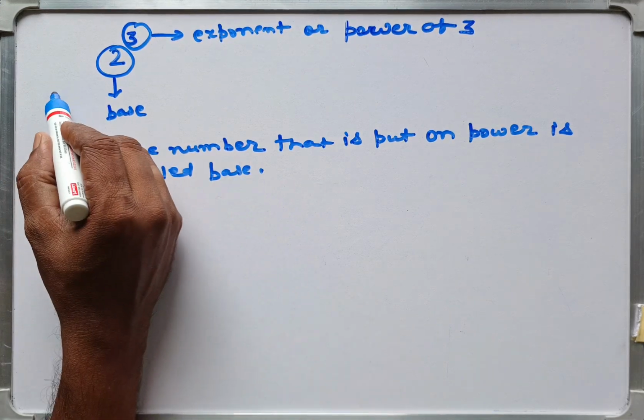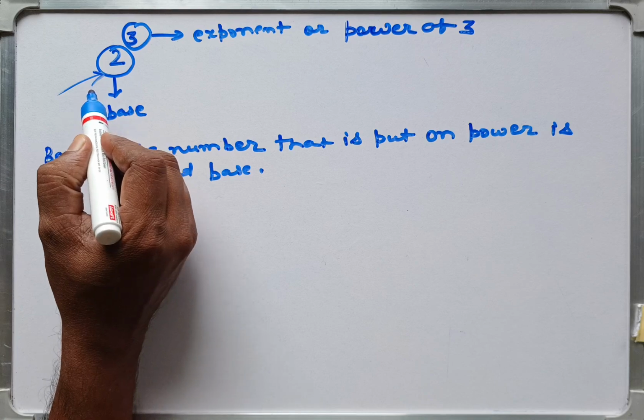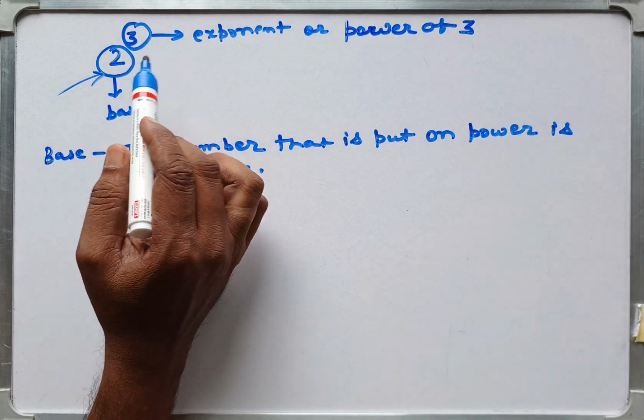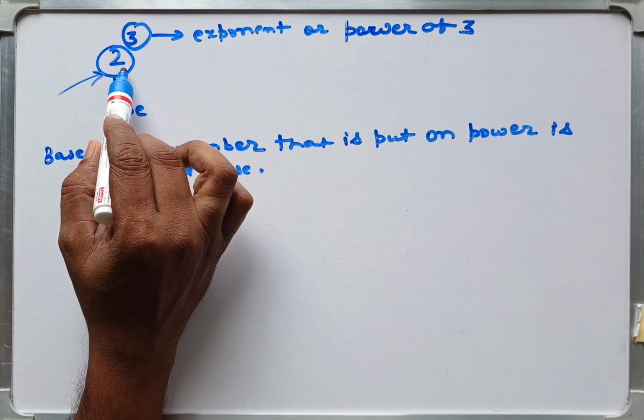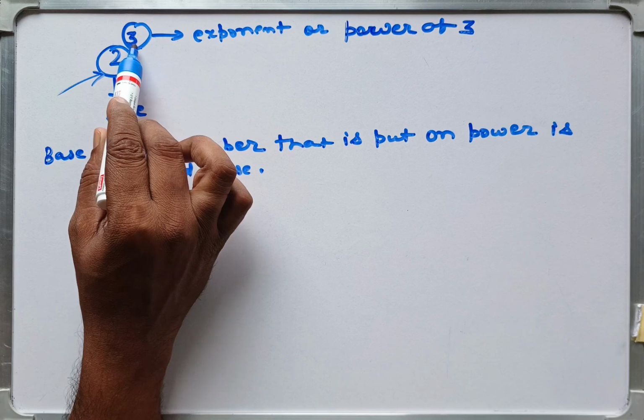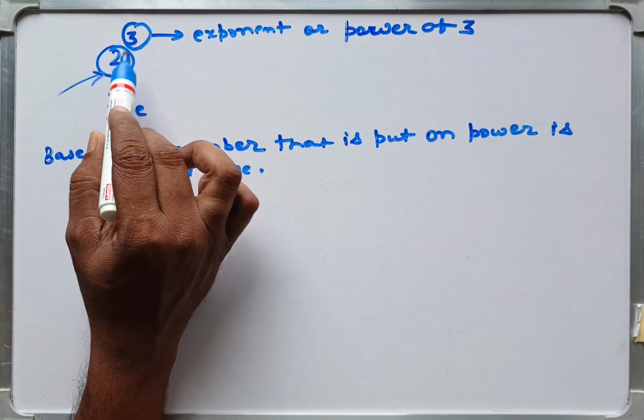You can easily say, sir, 2 is the base here. Why? Because here the power raised is 3. So which number have we raised to a power?